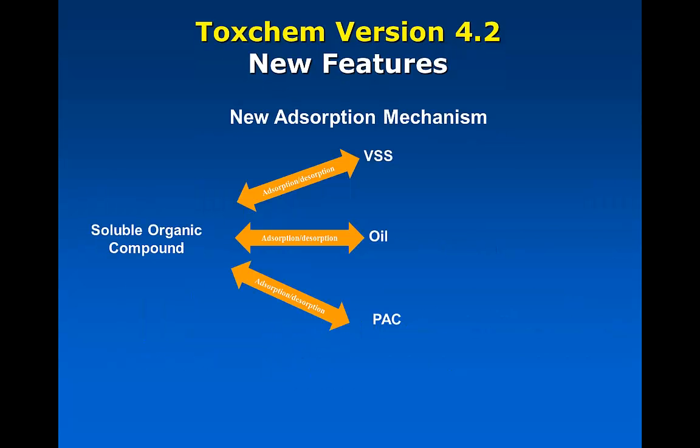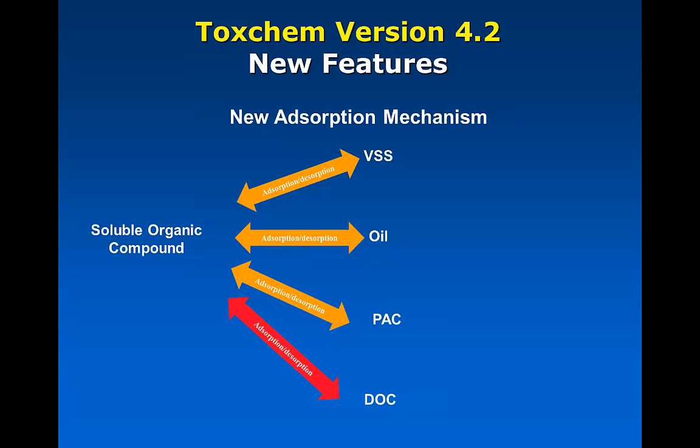Also, we have added a new absorption mechanism. As I said before, we modeled the absorption of volatile organic compounds onto volatile suspended solids, oil, and powdered activated carbon. But in the new release, we also added another absorption mechanism, which is absorption to dissolved organic carbon of natural origin.